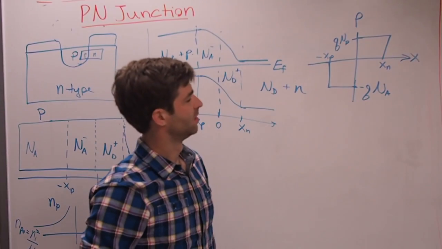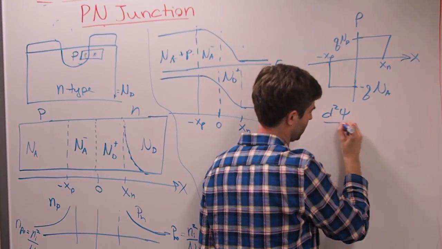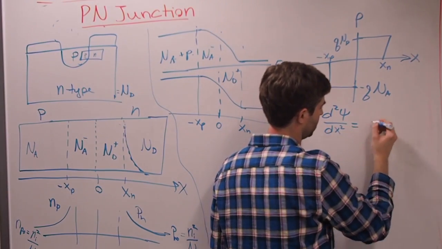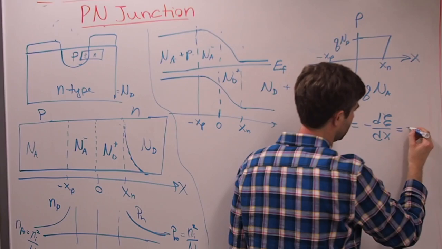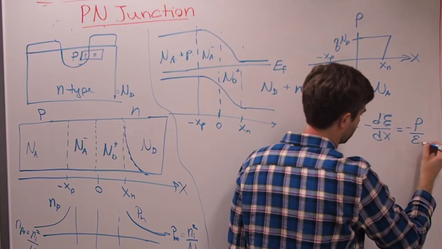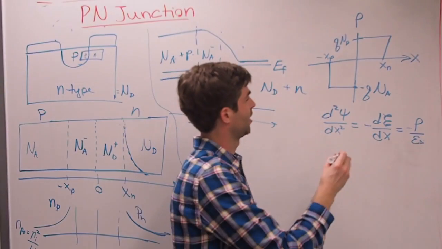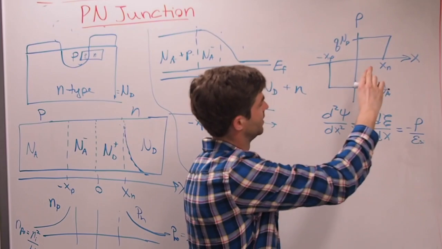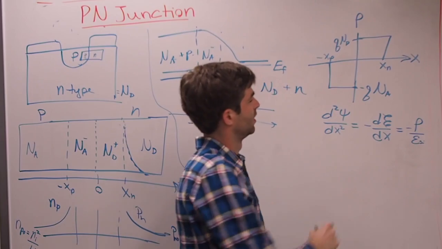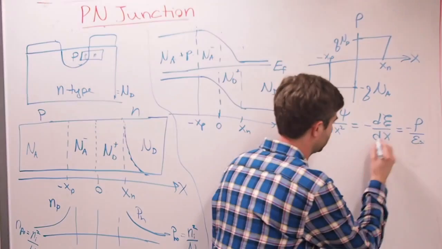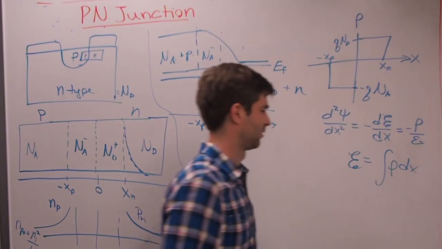Right, just like that. And from the Poisson equation, we know that d squared phi over dx squared is equal to negative dE over dx, which is equal to negative rho over the permittivity of the semiconductor, epsilon silicon, right? And so from this relation we know that to get electric field, well, it's just the integral of rho dx, right?